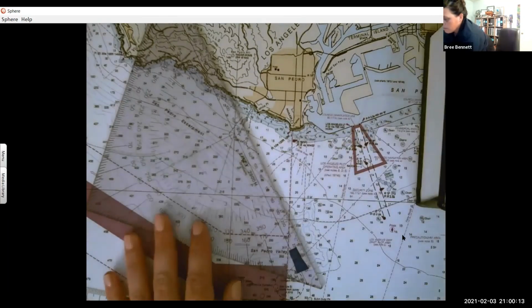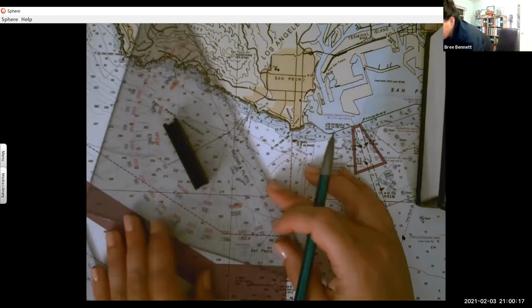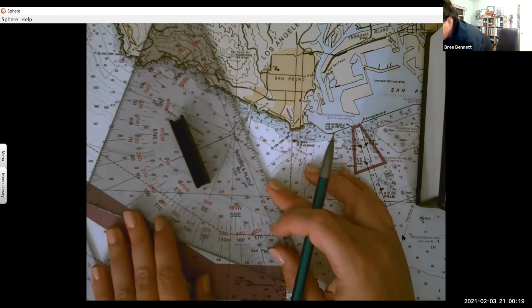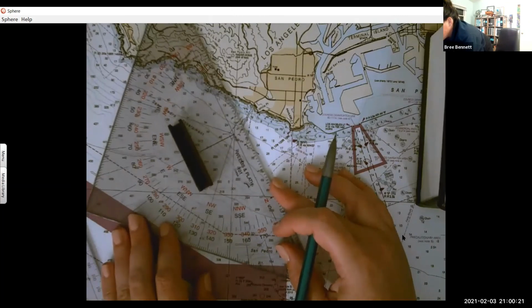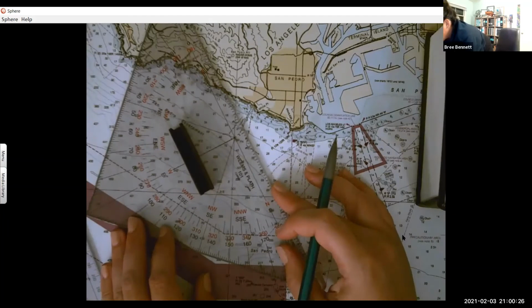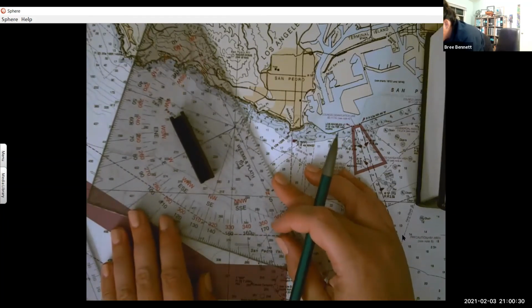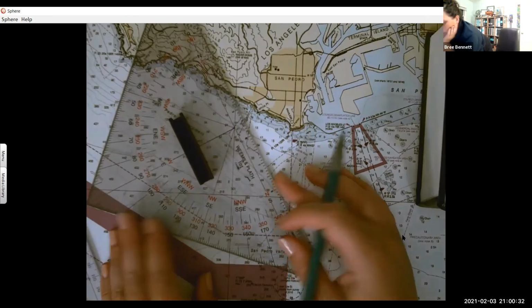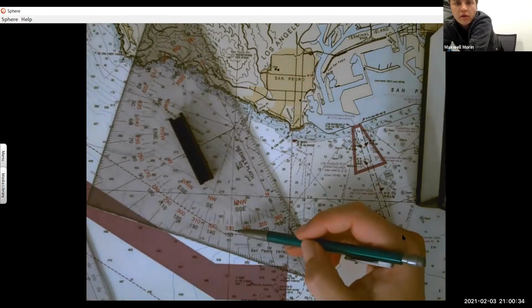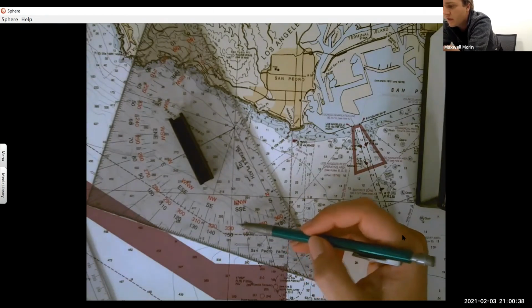Let's see. This one might be easier to read. Yeah, that one's kind of easier to read. So you're putting the focal point on there, and then are you moving the focal point to Point Vicente?